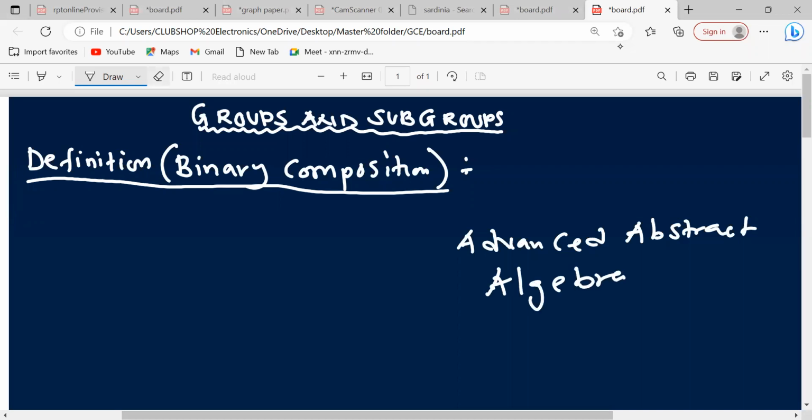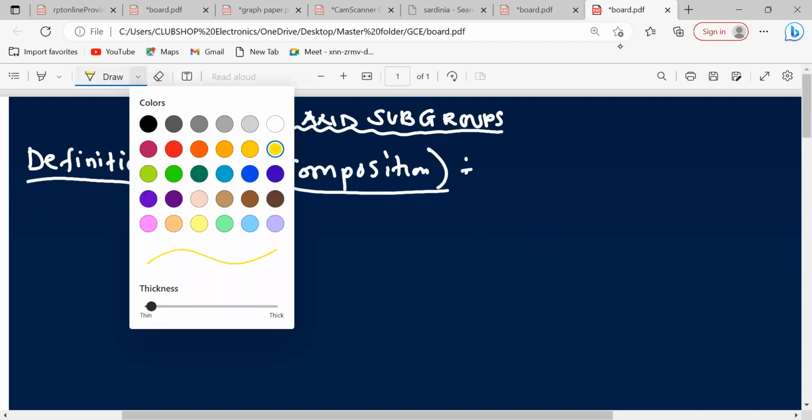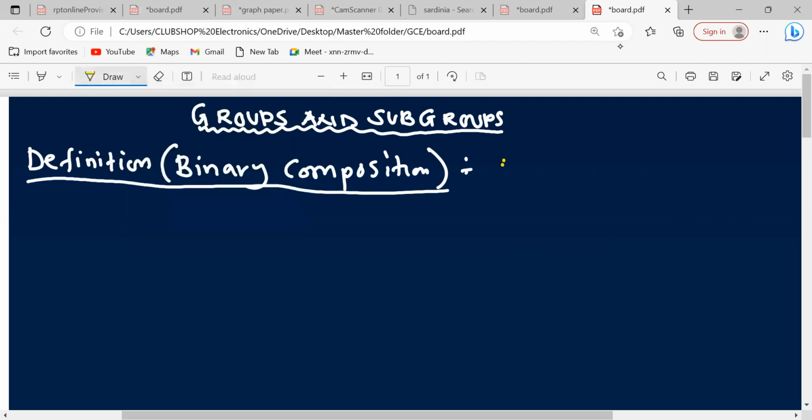Now to do that, we'll start by defining binary composition. We want to see what a binary composition is. To define a binary composition, we need a non-empty set. So we are going to say, let S be any non-empty set.